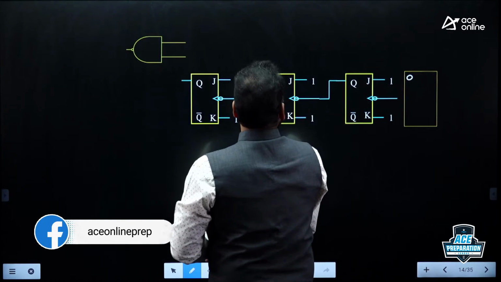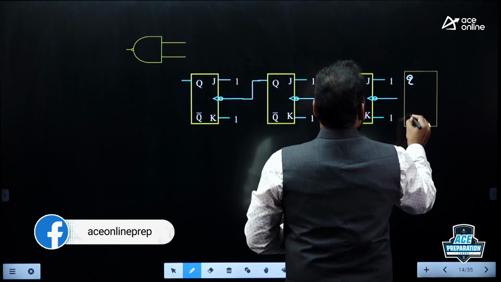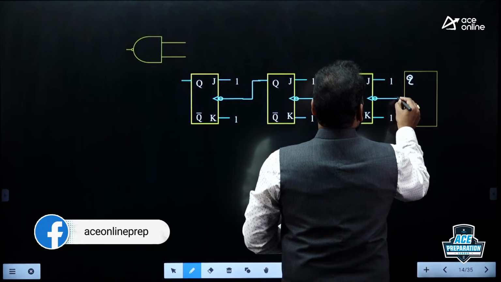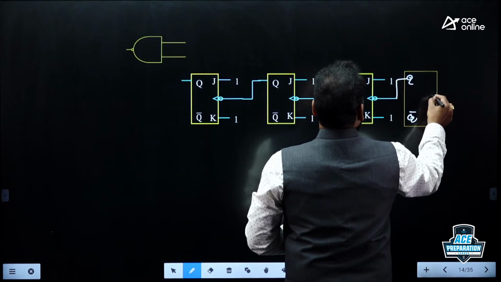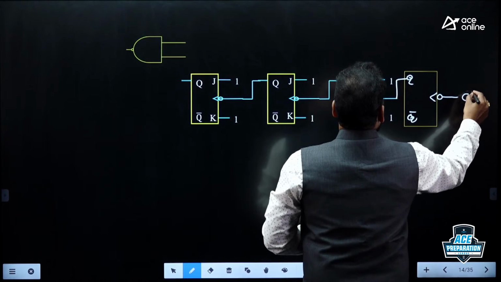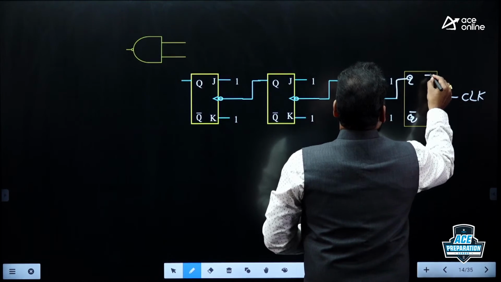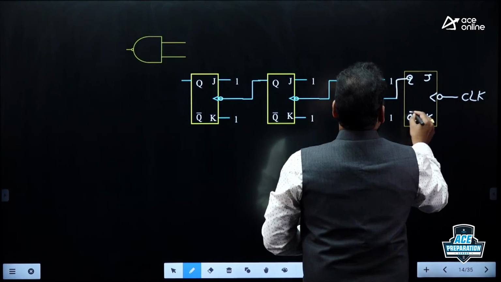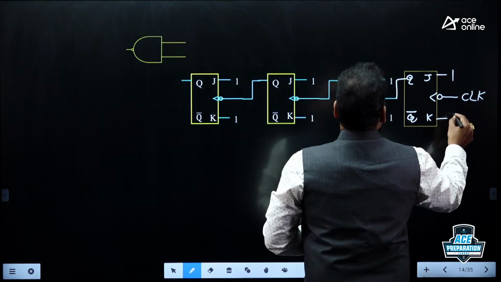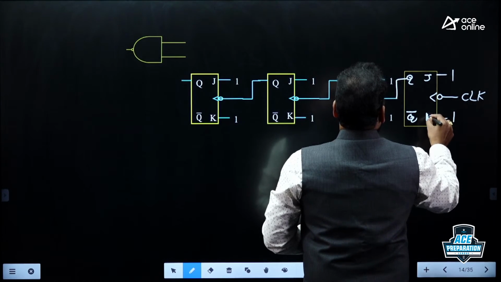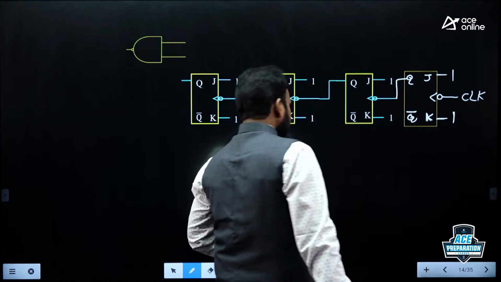Should connect like this, Q and Q bar. Here I am going to give the clock. And as usual, I am assuming J and K are connected at logic 1.